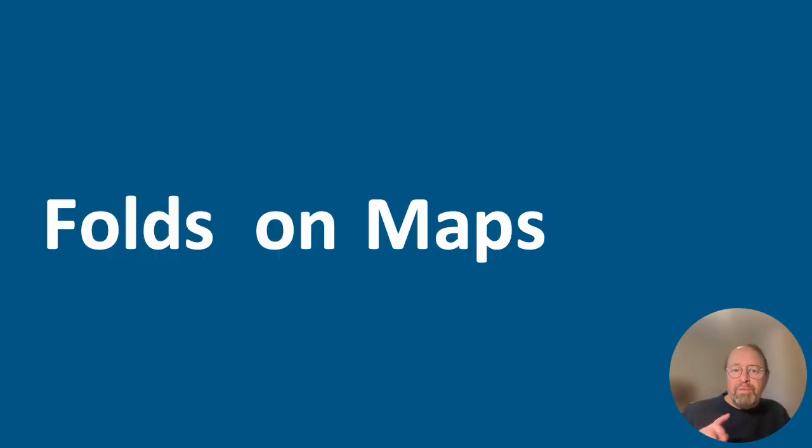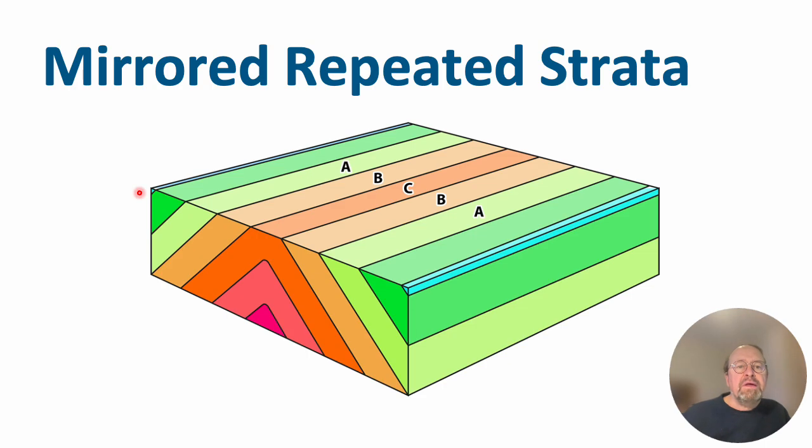So, how are we going to spot these things on geological maps? Well, you can find distinctive patterns which are associated with folding. For example, if we have here an anticline with these coloured rocks, this red one is the oldest, going up to blue here as the youngest, with green the next youngest. This repeating pattern on a flat surface is suggestive of a fold.